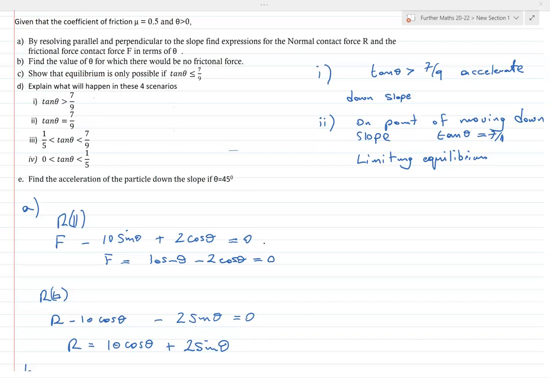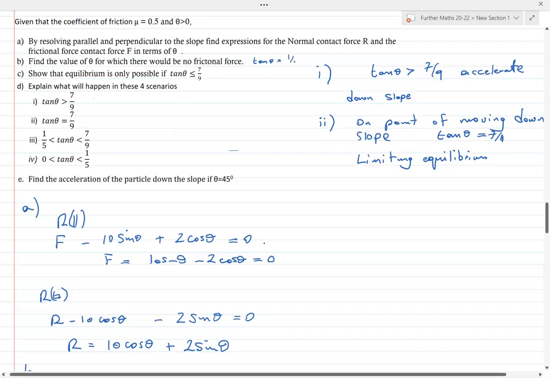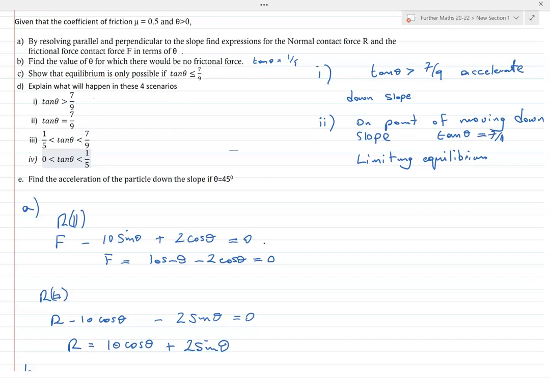The clue was really in part B, where I showed that tan theta was equal to 1/5 and the angle was 11.3, and that's where the distinction between these two is. They're both non-limiting, but the direction of friction changes, because at the point when tan theta equals 1/5, it doesn't need any friction.